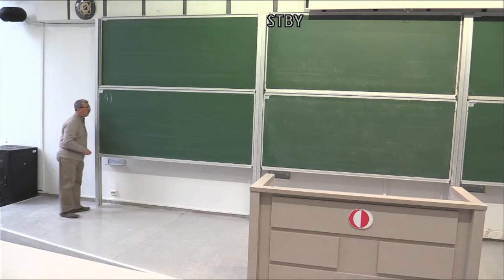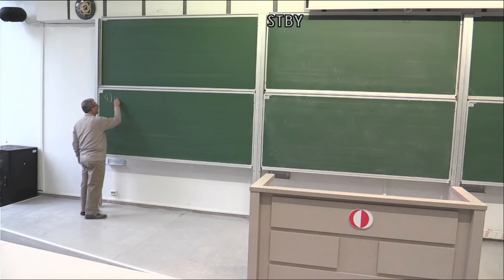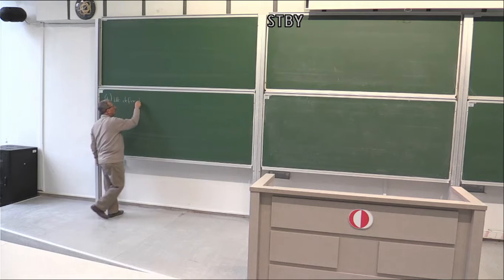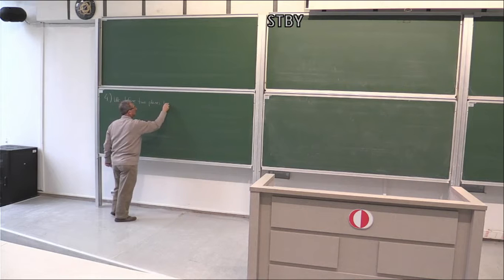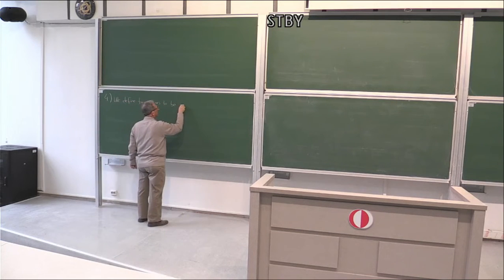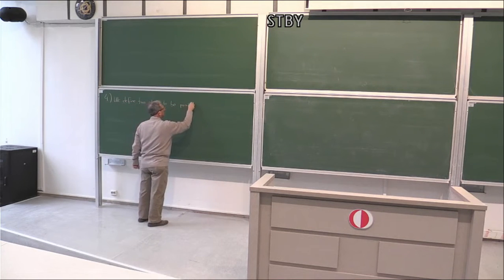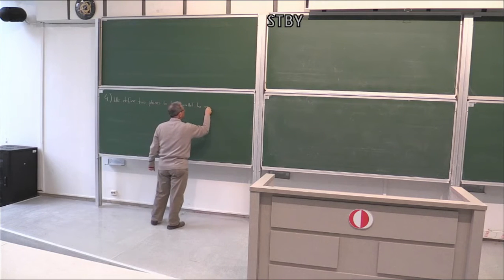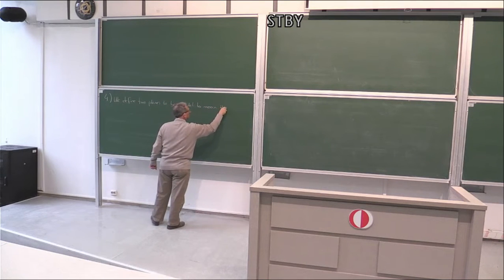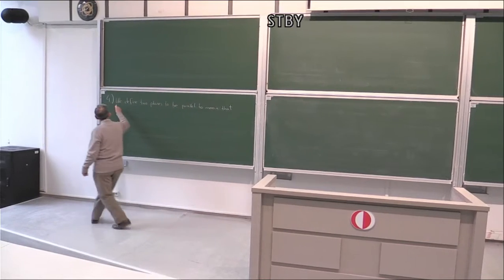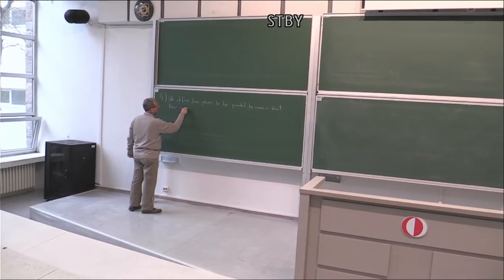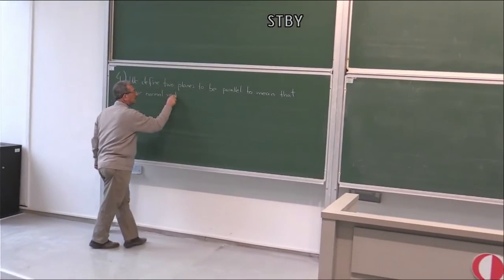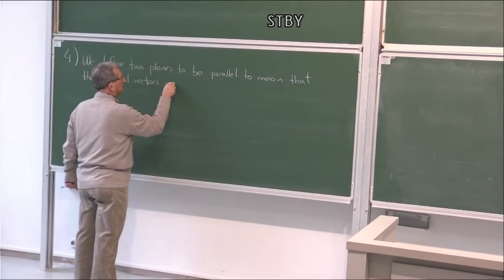As our remark 4, we define two planes to be parallel to mean that their normals, rather their normal vectors, are parallel.